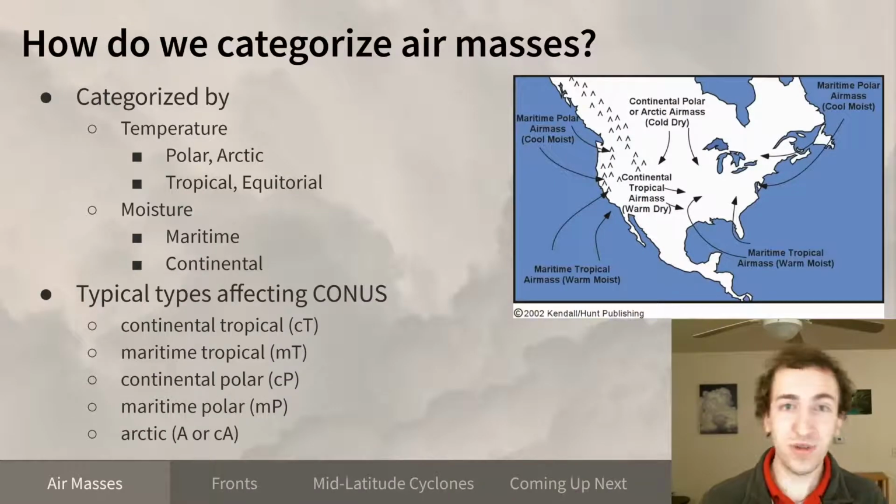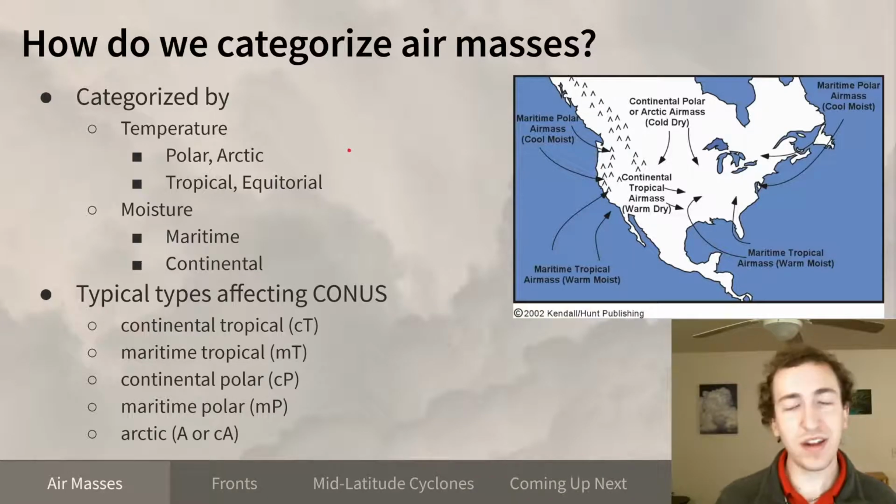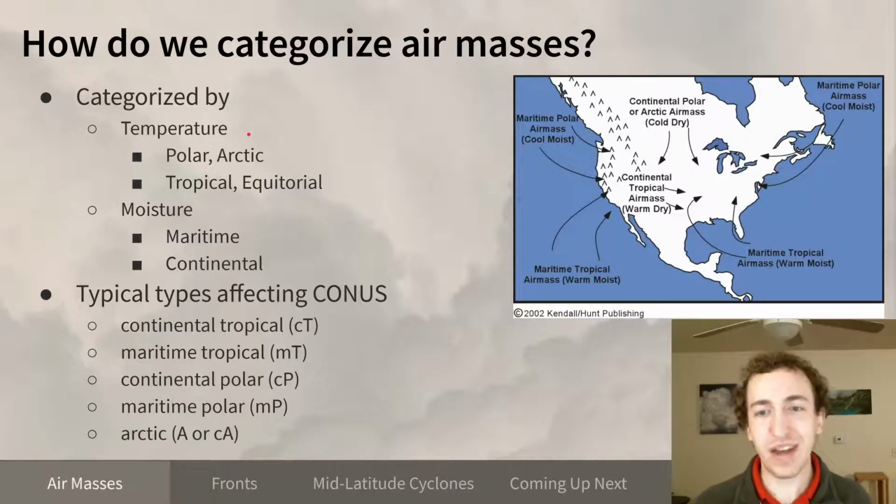We also want to talk about these air masses and label them, so we have this particular way of categorizing them. Of course, going back to thermal and moisture characteristics, we categorize them by temperature and moisture. There's a few more temperature categories. We have Arctic at the very coldest, and polar as our cold temperature type air masses.